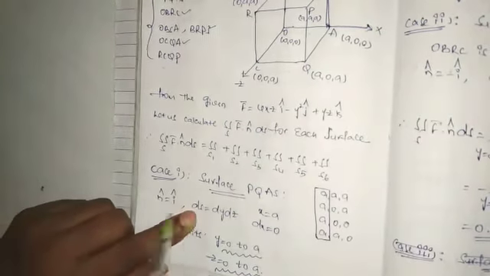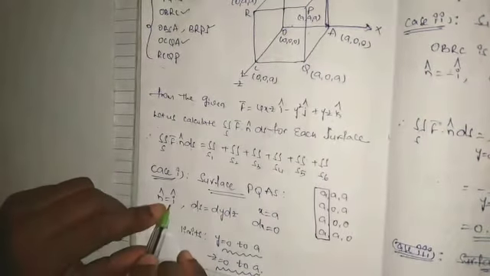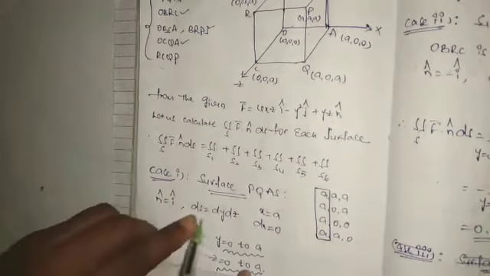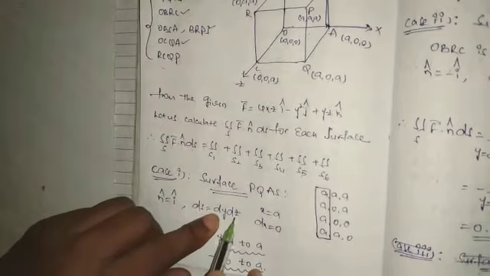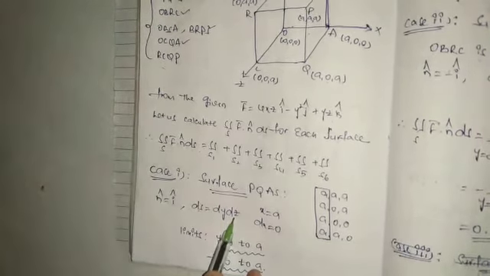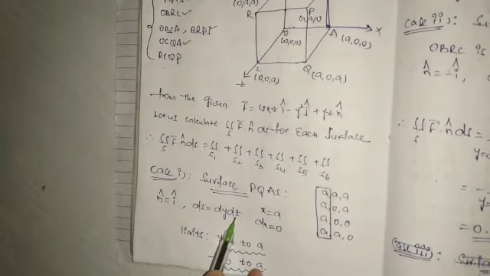Now what is dS? Without x and i, we need to take dS as dy dz. Since this is perpendicular to x, the region lies in the YZ plane.